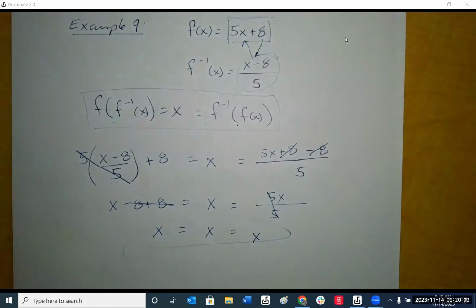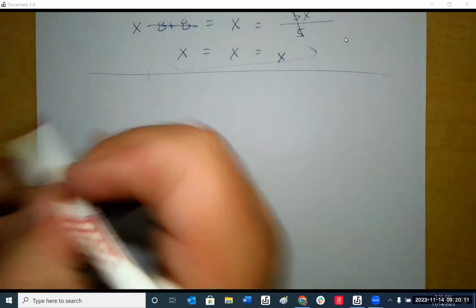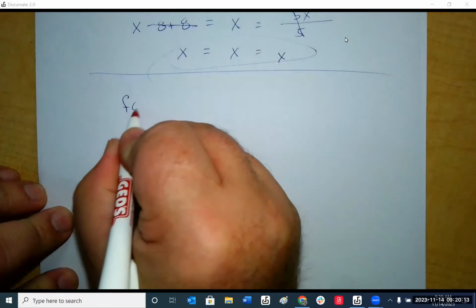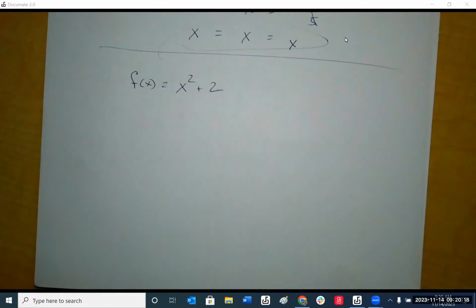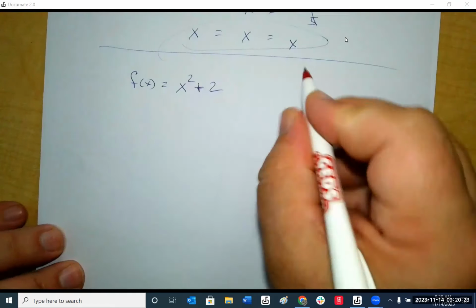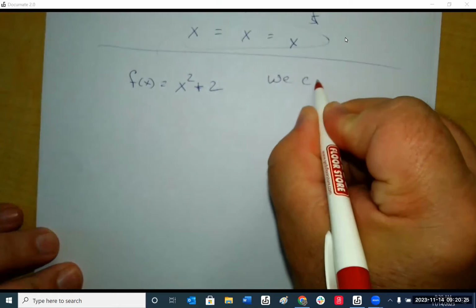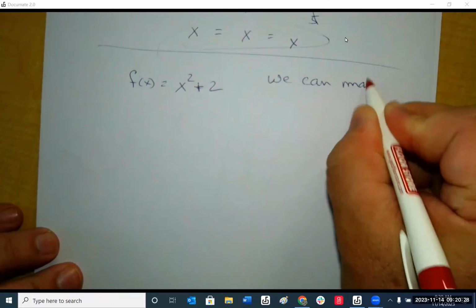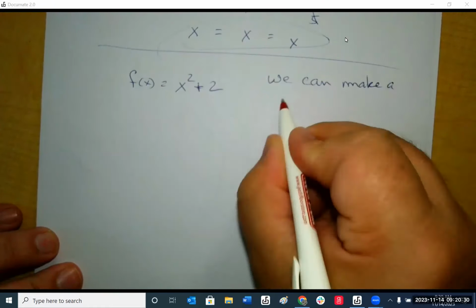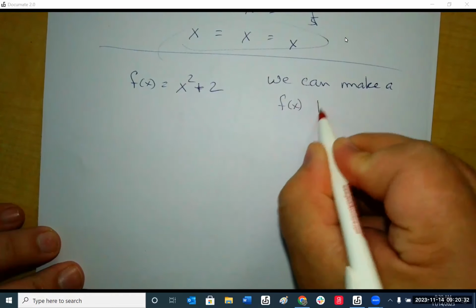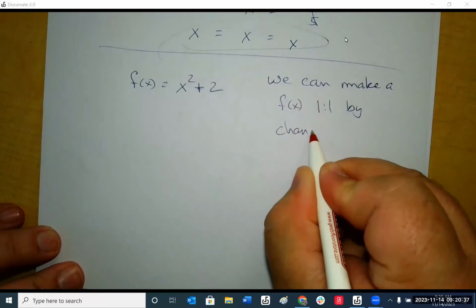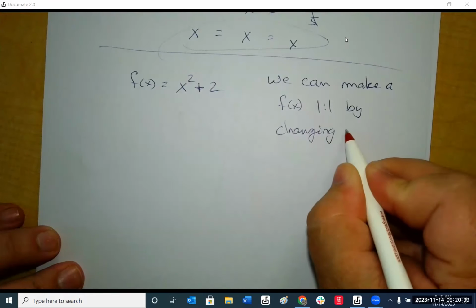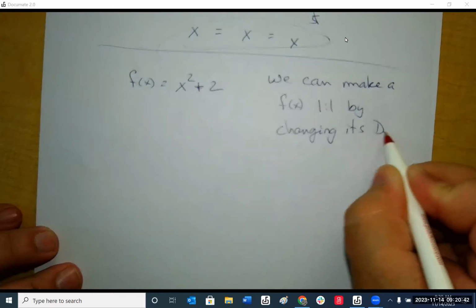Oh, and the last section it says, remember how f of x, x squared plus 2, was not 1-to-1? We can make it 1-to-1. We can make a function 1-to-1 by changing its domain.